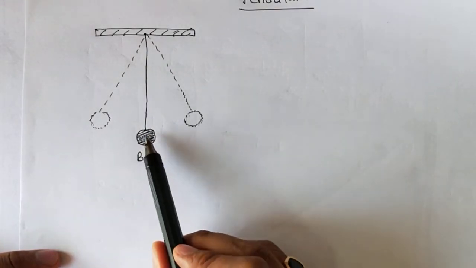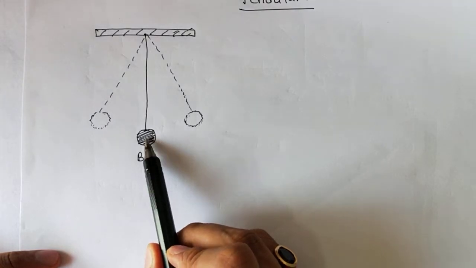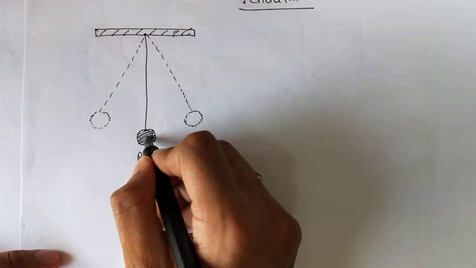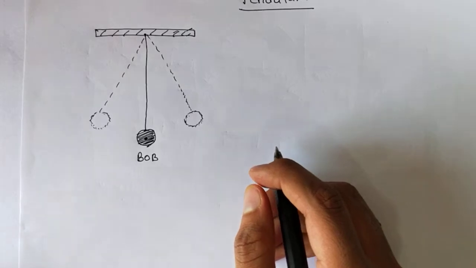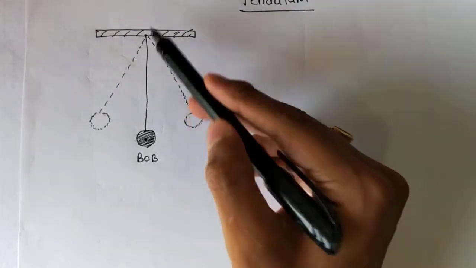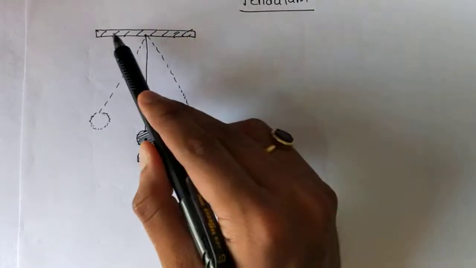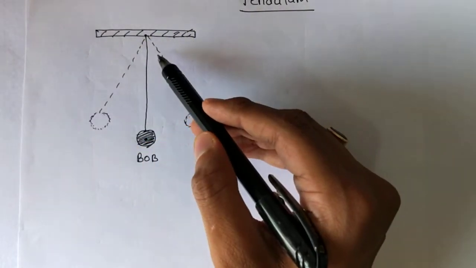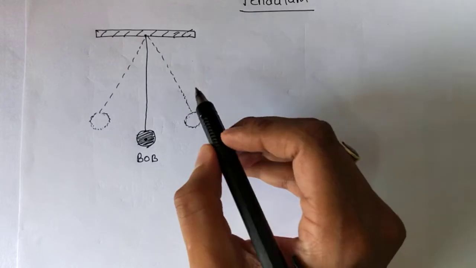Point mass means it is smaller in size and the weight of the object is at its center. A heavy point mass known as bob, suspended, meaning tied, from a rigid support by a massless and inextensible string.